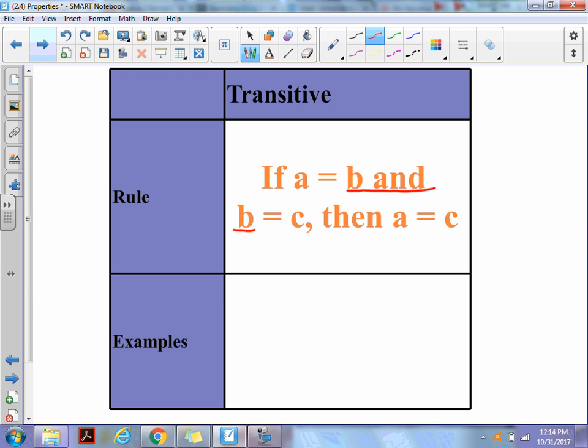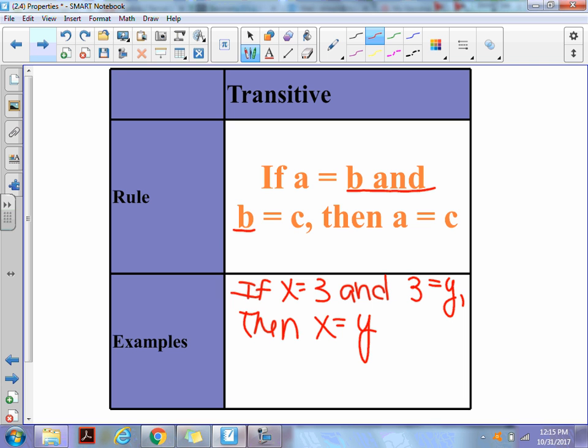So an example would be, if x is equal to 3 and 3 is equal to y, notice 3 is on either side, then x and y have to be the same.